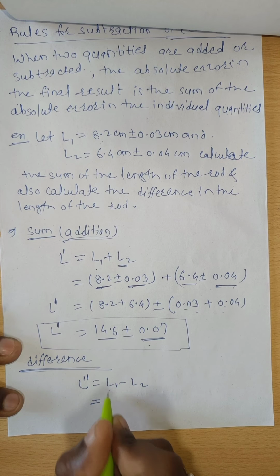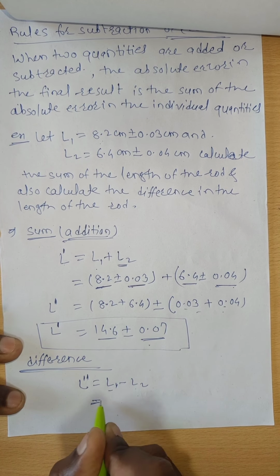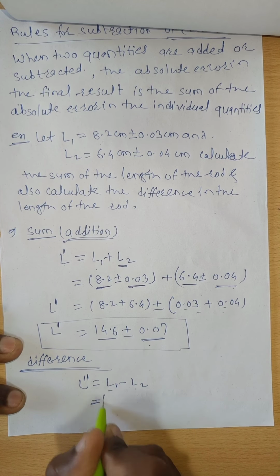L1 is 8.2 plus or minus 0.03, minus L2, which is 6.4 plus or minus 0.04.